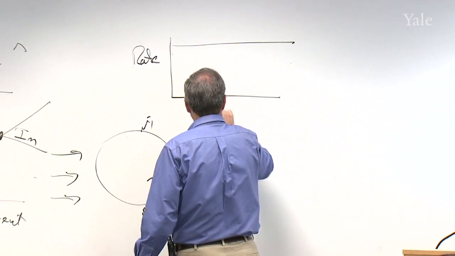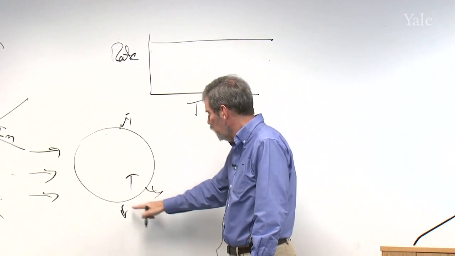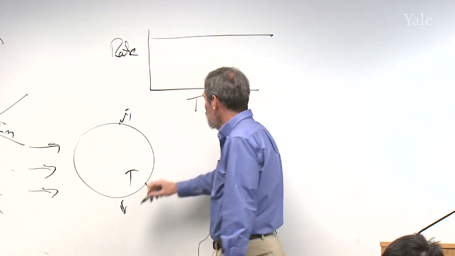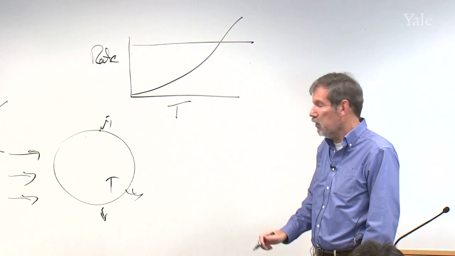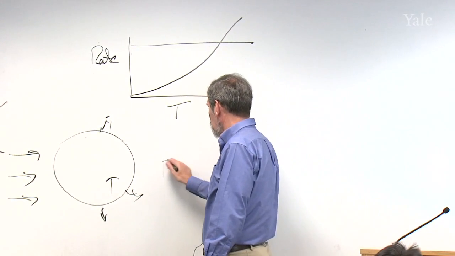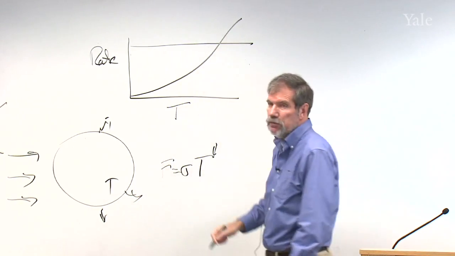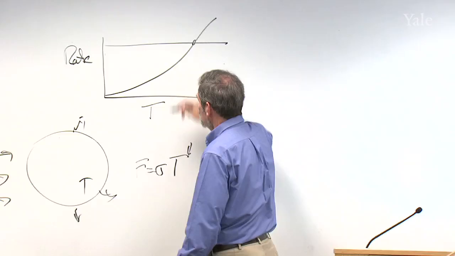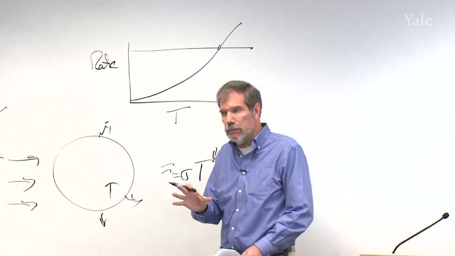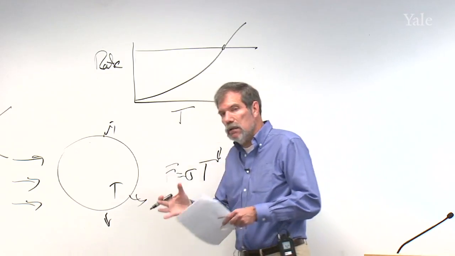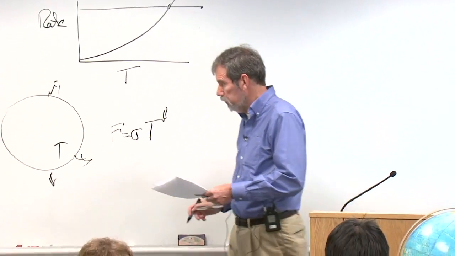That's going to be independent of the temperature of the planet. But the rate at which I'm radiating to space is going to be strongly dependent on the temperature of the planet. Remember, it goes like T to the 4th. The Stefan-Boltzmann law says that this goes like temperature to the 4th power. So there's some crossover point. And that's where we are most of the time with the Earth. We're at an equilibrium state set by seeking out this balance between inflow and outflow.